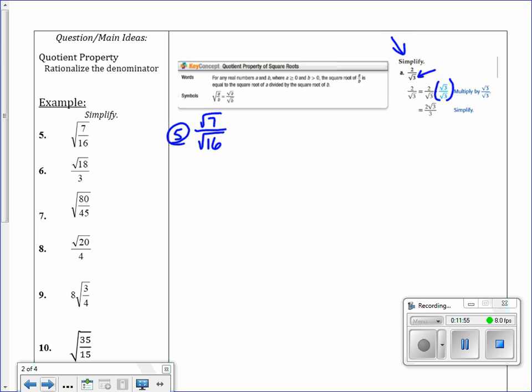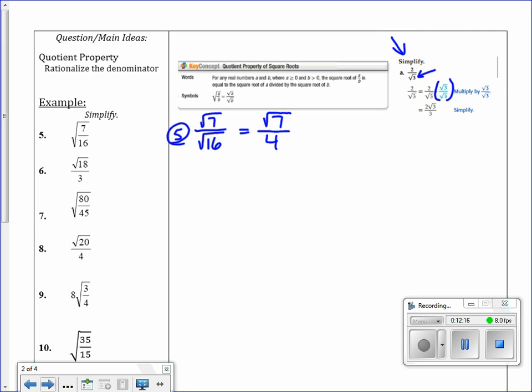Now that's pretty simple to go from there. Since if we took the square root of 7, that would just end up being an irrational number. We're not going to do anything to that square root of 7. But the square root of 16 can simply be reduced to 4. And that's our answer.